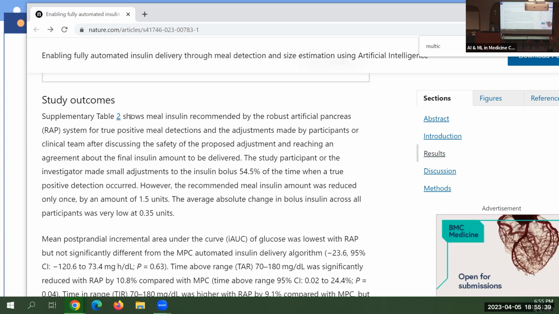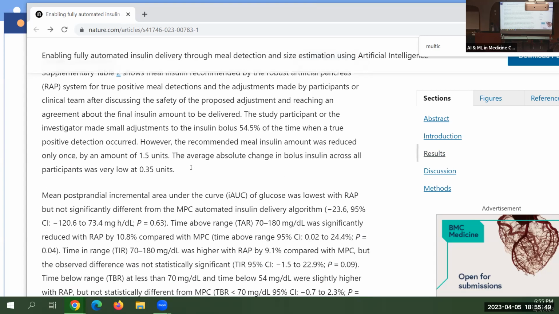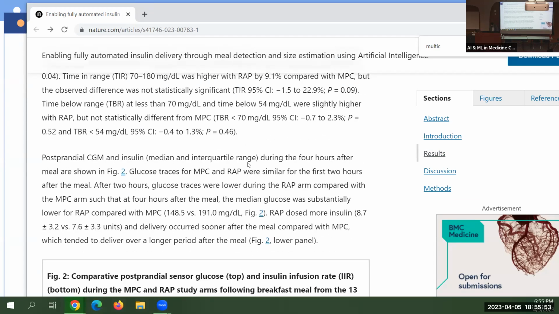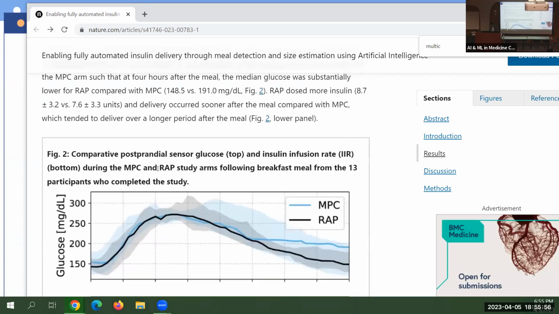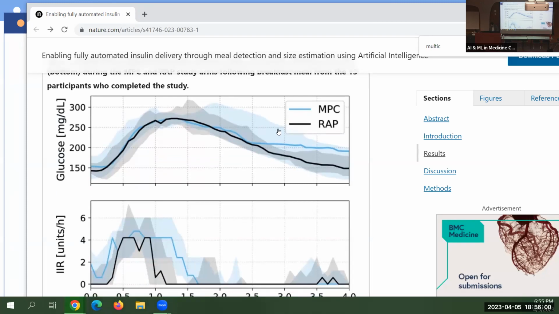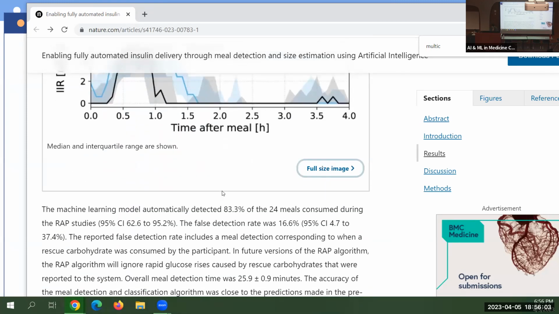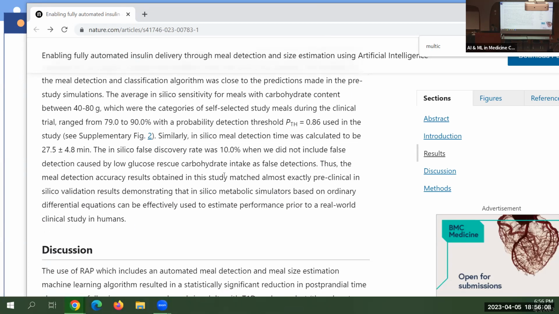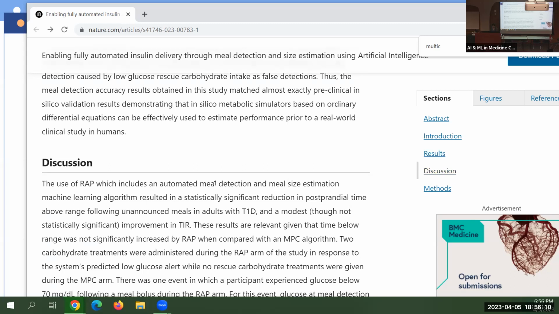So essentially they're looking at meal insulin recommended by the robust artificial pancreas system for true positive meal detection, and the adjustments made to participants. I'm going to say these are their study outcomes. No, it doesn't say that. Did someone find their study outcomes? Where is it?